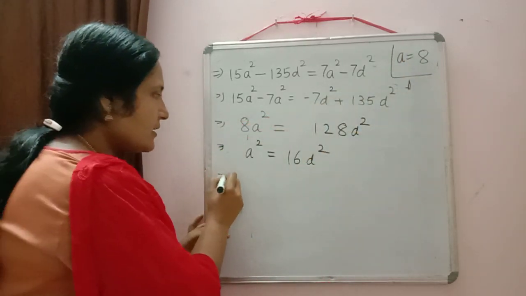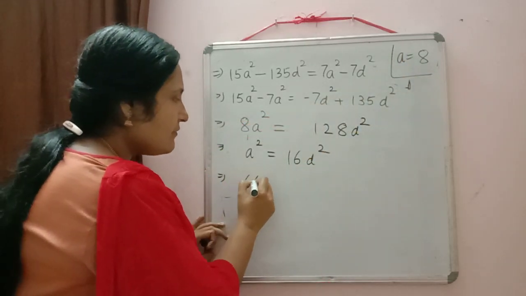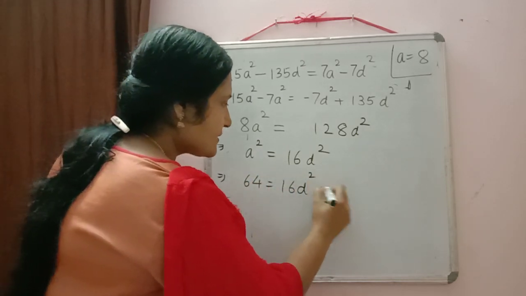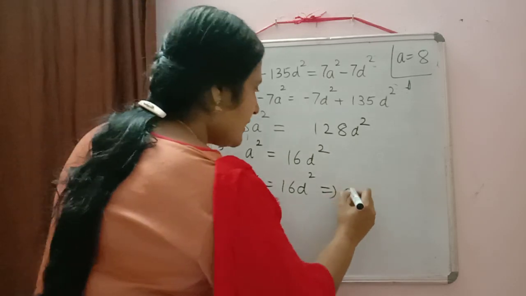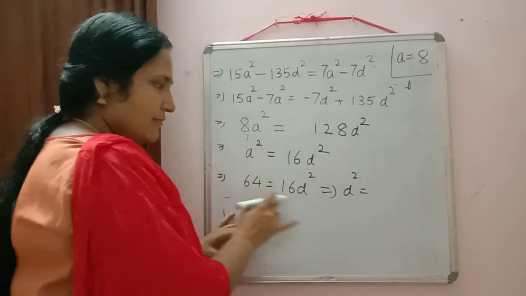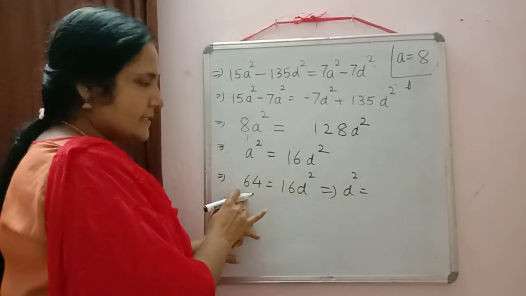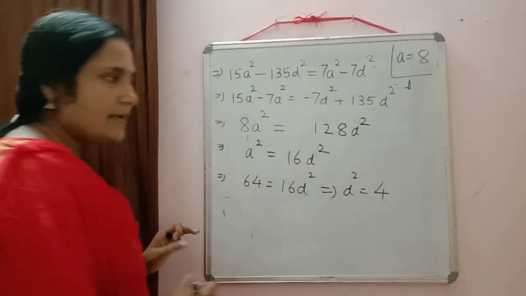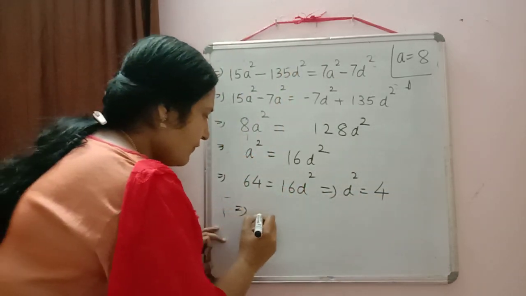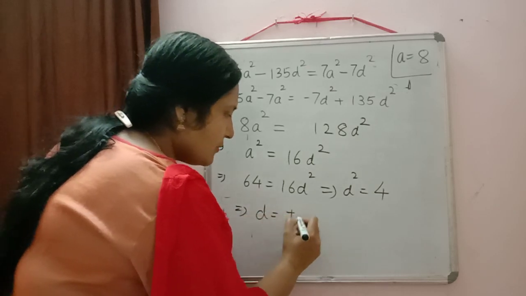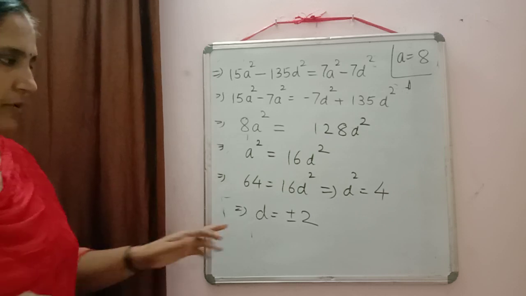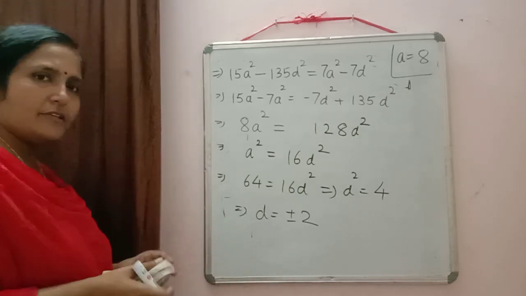So 8 square will get 64 is equal to 16D square, or D square is equal to 64 divided by 16. So 16 fours is 64. So we will get D square is equal to 4. So again D is equal to plus or minus 2. So we got the value of D as plus or minus 2.